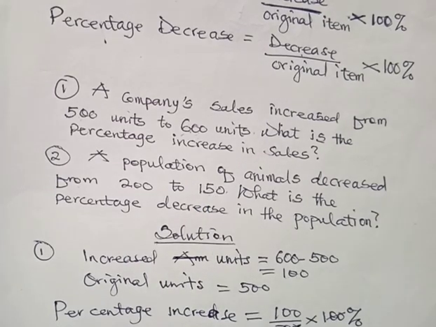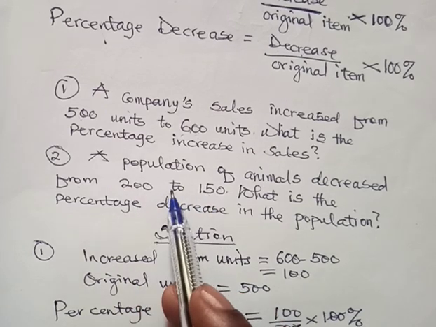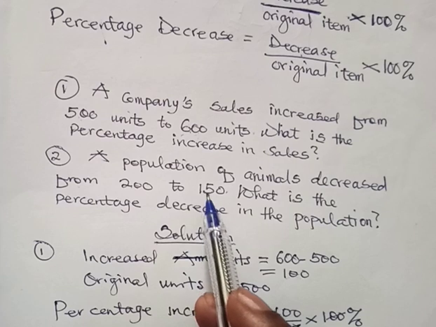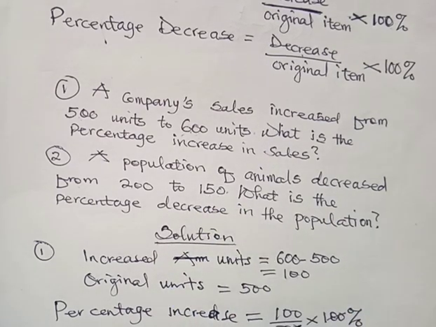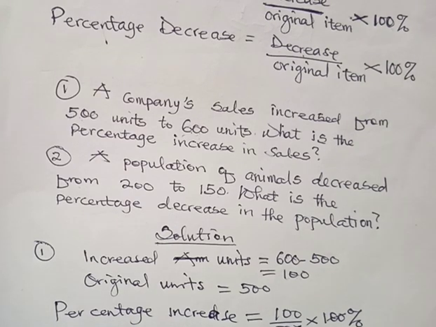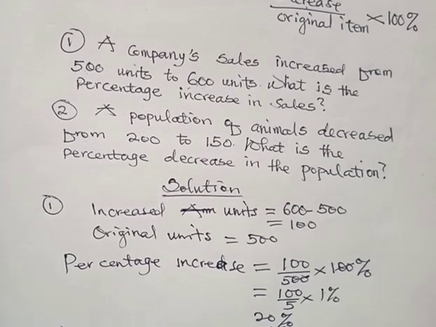But by how many has it been decreased? That is what we are looking for. We all know that from 200 it has been reduced to 150. But it has been reduced by how many? And we are looking for it in terms of what? Percentages. That is what the question demands.